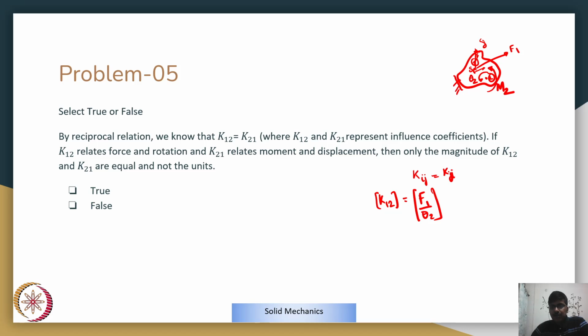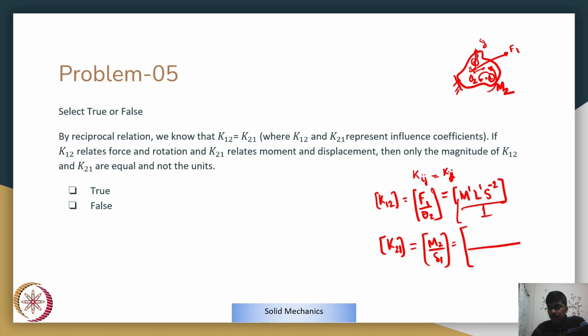The unit of rotation is simply 1. Rotation doesn't have any units, it's radians. So no units, whereas force has the units of Newton in SI, which is nothing but kg meter per second square. This is how we are representing the dimensions of K12. Similarly, K21 is nothing but M2 by delta 1, right?